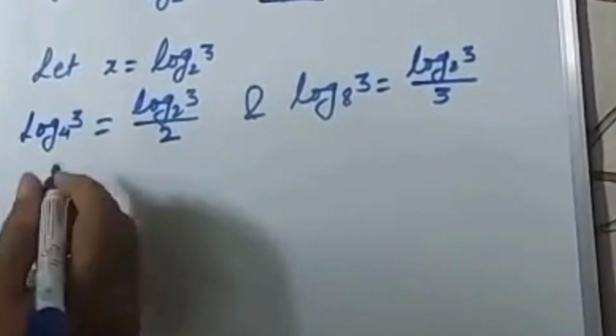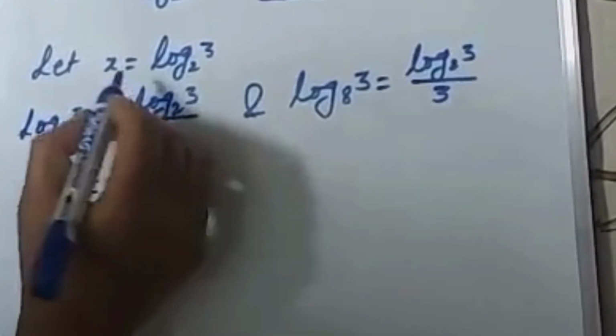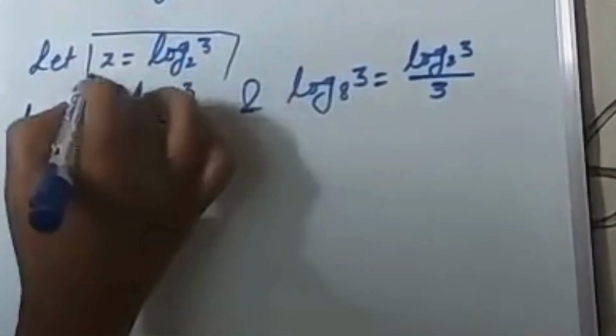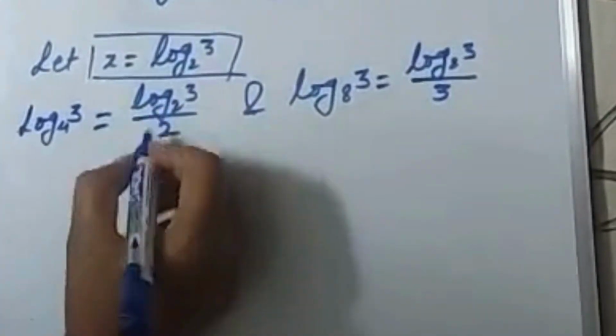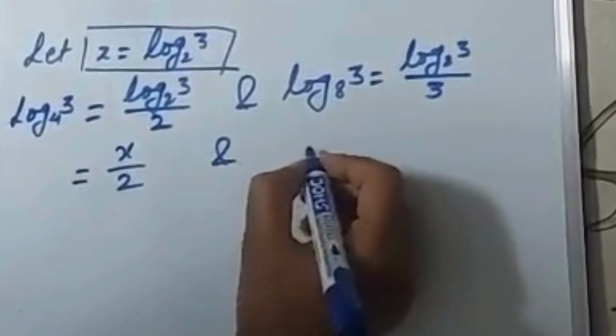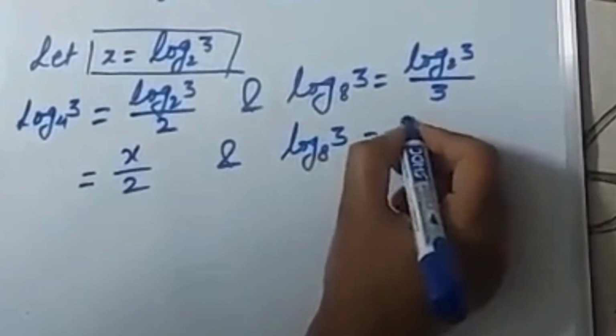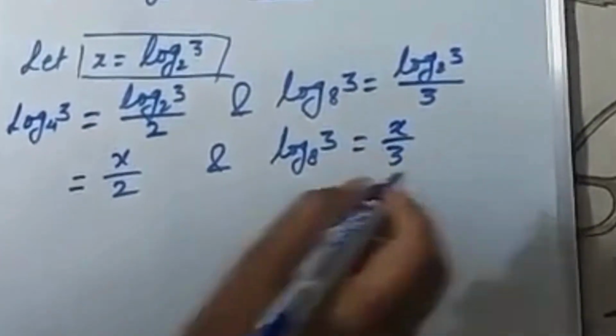Now these two terms we will convert in x terms. We have supposed x equals log base 2 of 3, so let us change it. This term will become x by 2 and log base 8 of 3 will become x by 3.